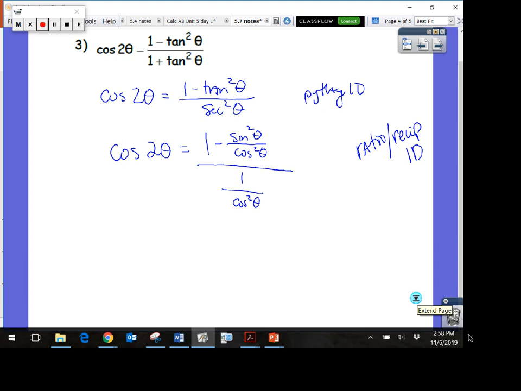Now I could multiply by the reciprocal right here, but that numerator has 2 terms. So if I do that, I have to be careful to distribute that denominator to both terms, which is fine. We just have to make sure that works. So is that something that we should do? Multiply by the reciprocal? Or what else could we do?